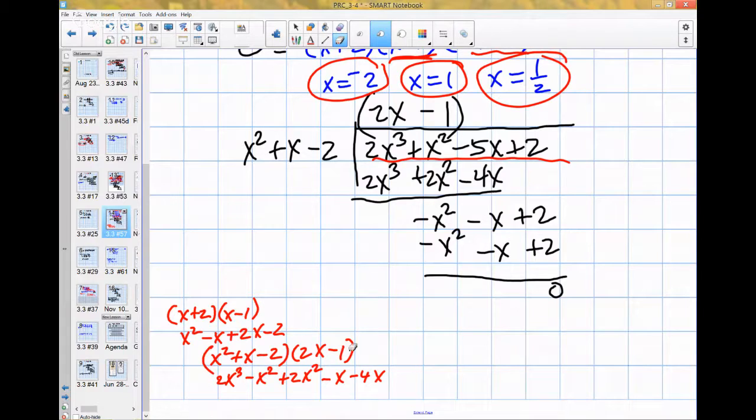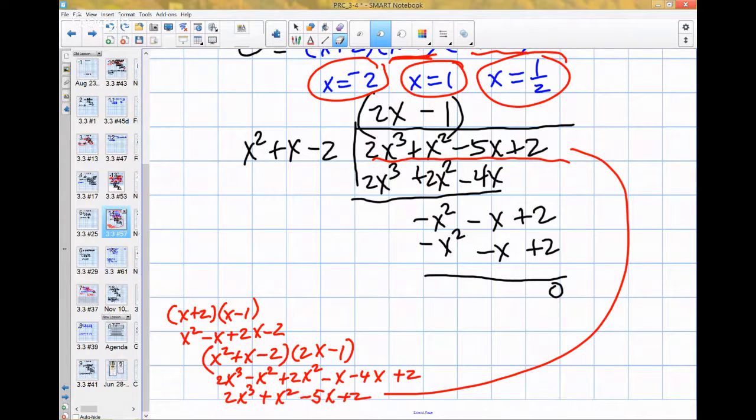Negative 2 times negative 1 is plus 2. All we have to do is gather. 2x cubed. We have a minus 1x squared and a plus 2x squared, which is a plus 1x squared. Then we have a minus x and a minus 4x. That's a minus 5x plus 2. And if you look, that perfectly matches.